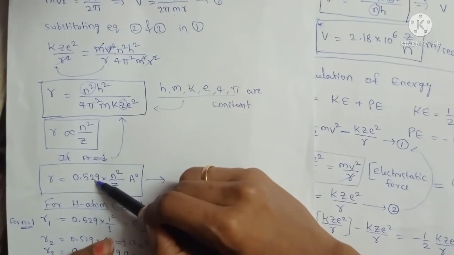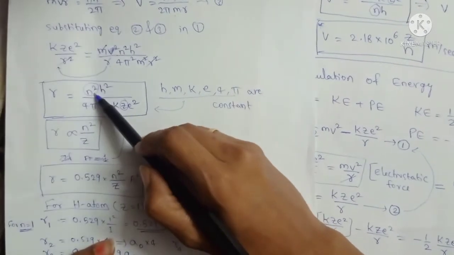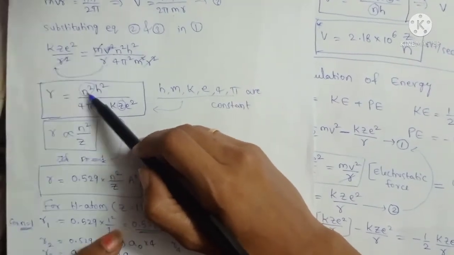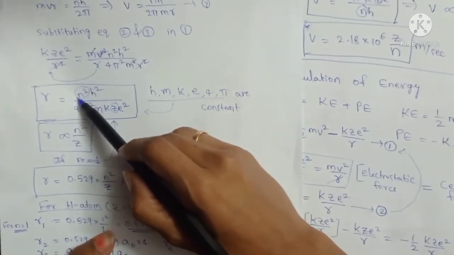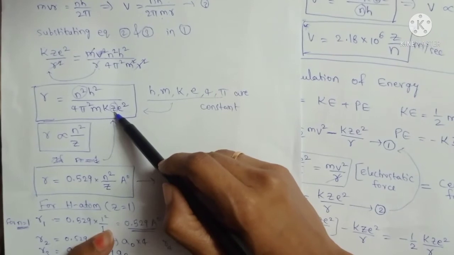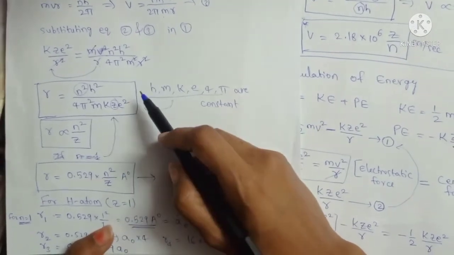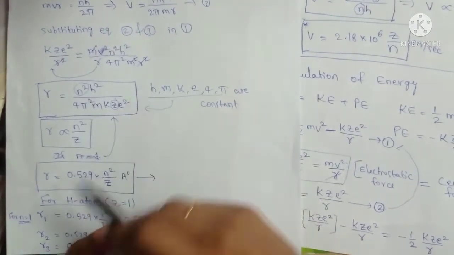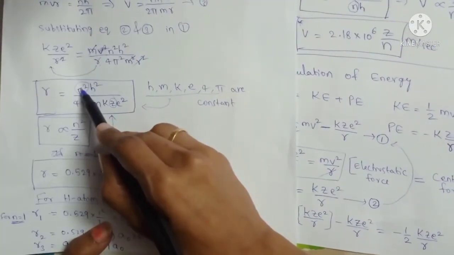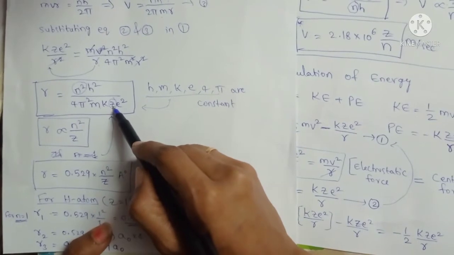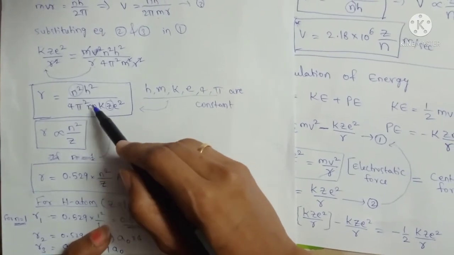Only n, the orbit, will change, and also the atomic number. If you take hydrogen, the atomic number will be 1. If you take helium, the atomic number will be 2, and so on. These are called variables. Only n and Z are variables; the remaining are all constants.